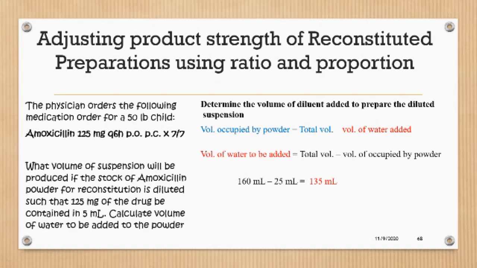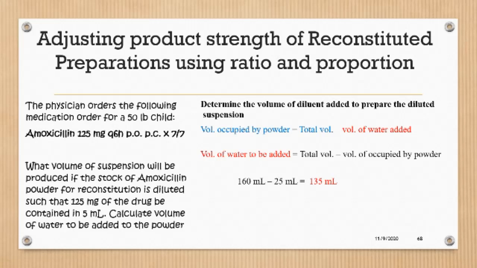In the future, we know that once we dilute it, we're going to end up with a concentration of 125 milligrams per 5 mL. We also knew from the past that 4,000 milligrams of the drug is contained in the stock. So if we dilute all of that, the same 4,000 milligrams that was in the stock will also be in the diluted suspension.